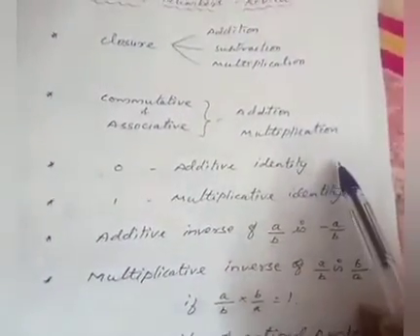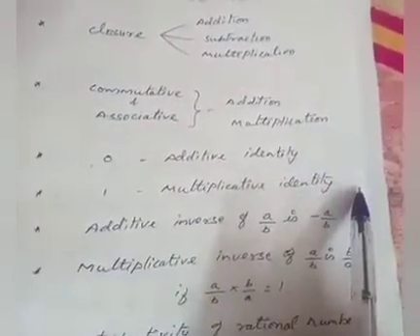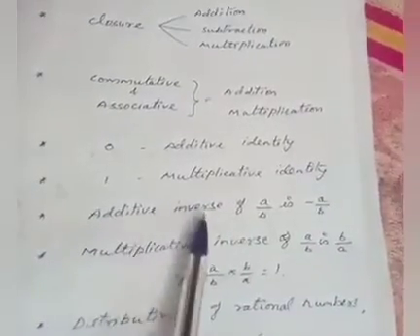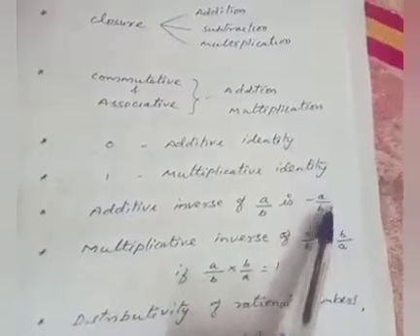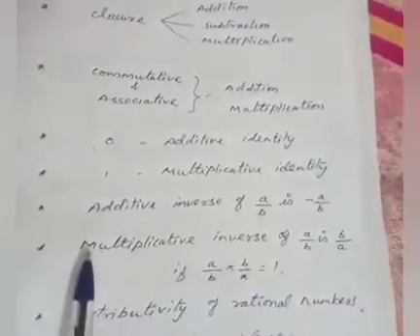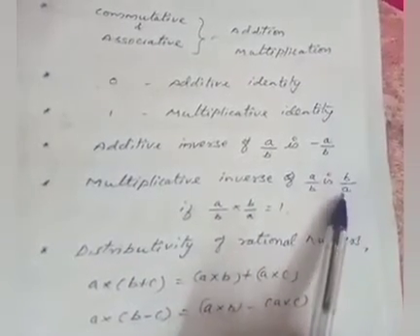The rational number 1 is the multiplicative identity. The additive inverse of the rational number a by b is minus a by b and vice versa. The reciprocal or multiplicative inverse of a by b is b divided by a.